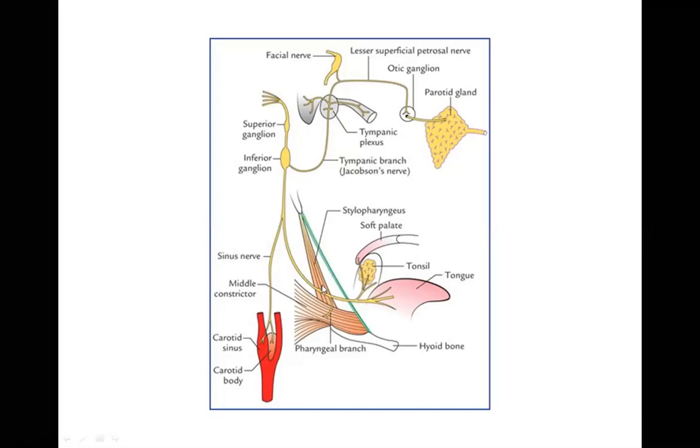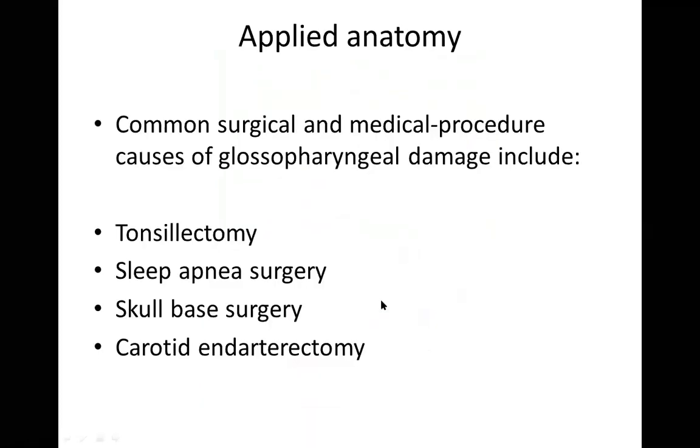Here you can see a muscular branch, tonsillar branch, and lingual branch. So terminal branches are tonsillar branch and lingual branch. Before that are pharyngeal branch and nerve to stylopharyngeus. And the first branches are tympanic branch and carotid branch. So tympanic branch, carotid branch, stylopharyngeal branch, pharyngeal branch, tonsillar branch, lingual branch.